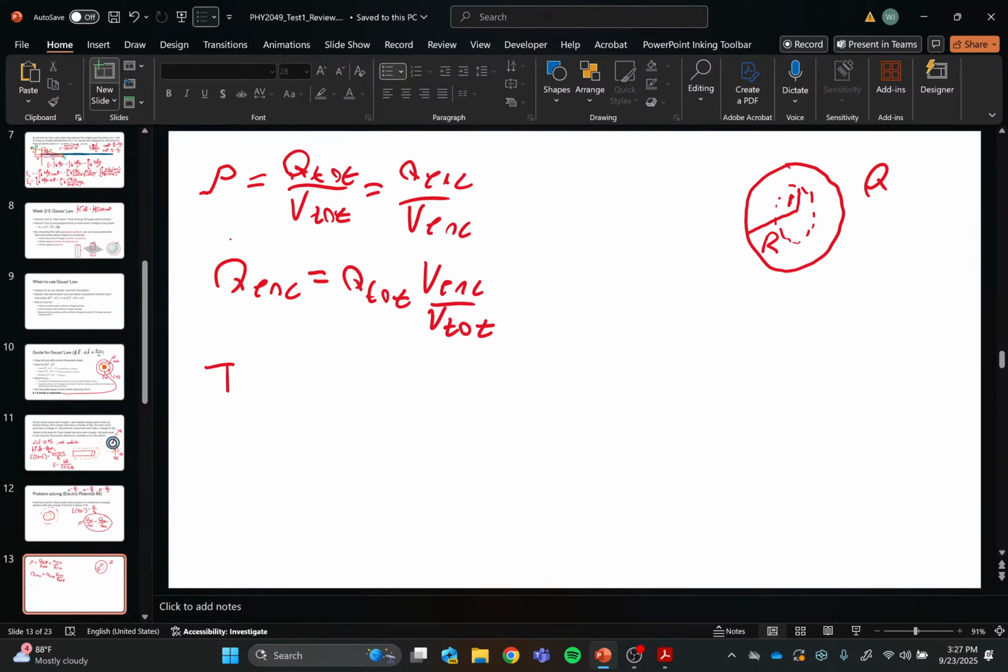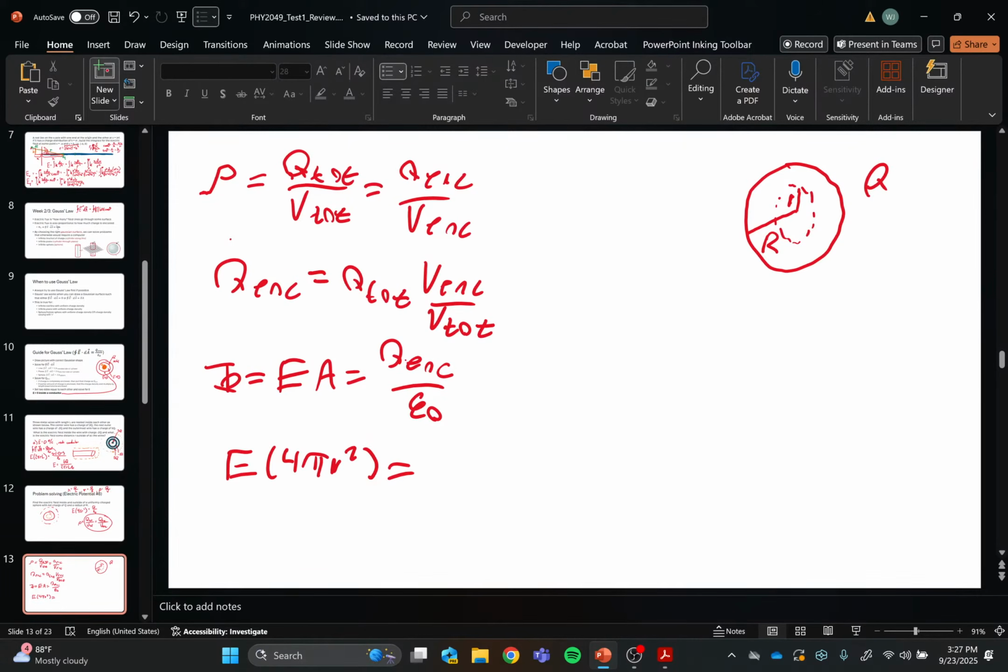We can plug this back into our equation where E, the electric field, times the area, equals Q enclosed over epsilon naught. The area of our Gaussian surface is 4 pi little r squared.